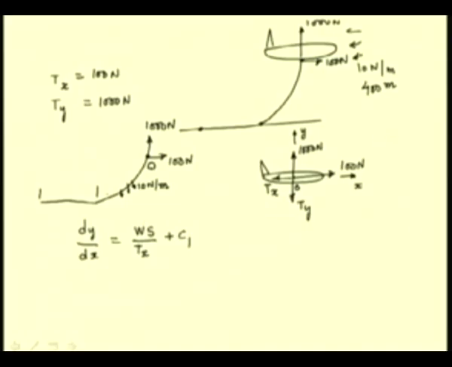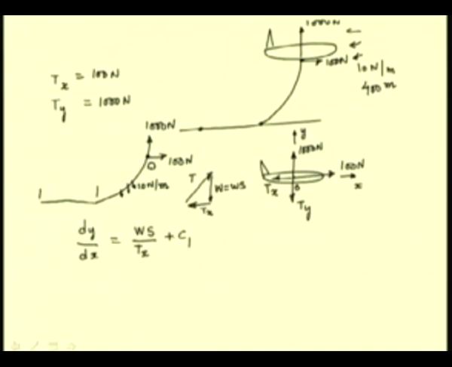So, if we consider any portion of the cable, we have the horizontal component of the tension force Tx balanced by the tension force T, the weight of the cable which is Ws, and the horizontal component Tx balancing the forward thrust of 100 newtons. So, from this force triangle we have this equation in the differential form.